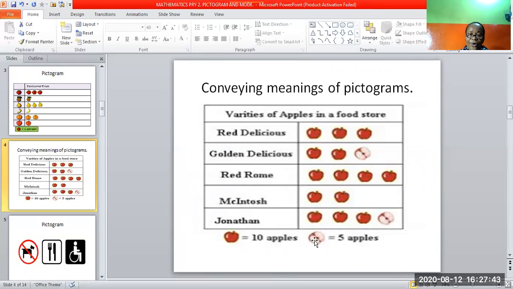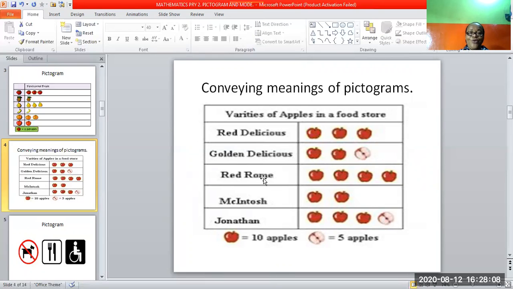Half of this apple is just 5 apples. So we say golden delicious apples: 10, 20, and 25. 25 apples were sold in the store on this particular day.